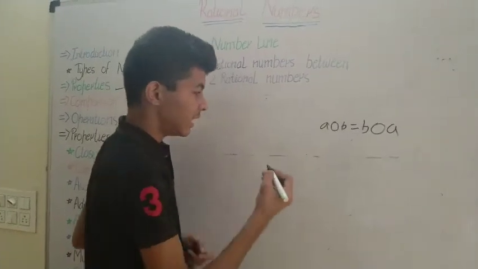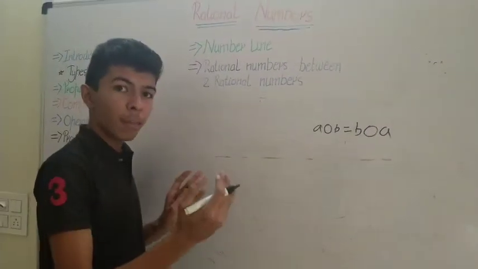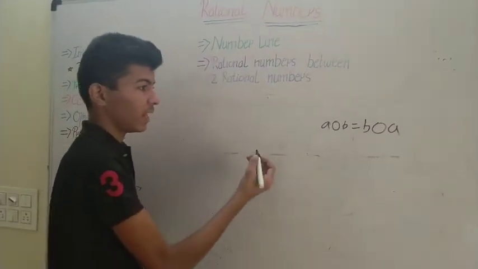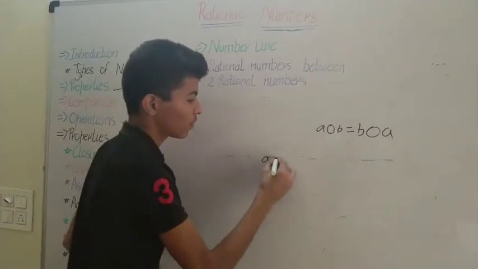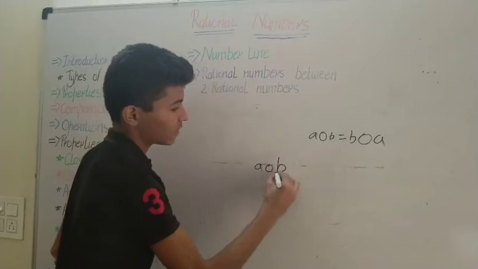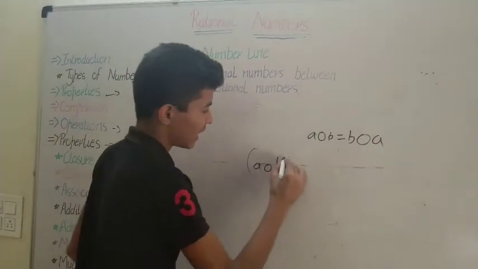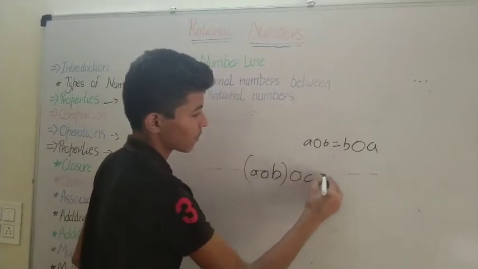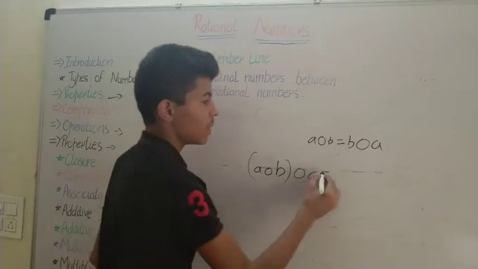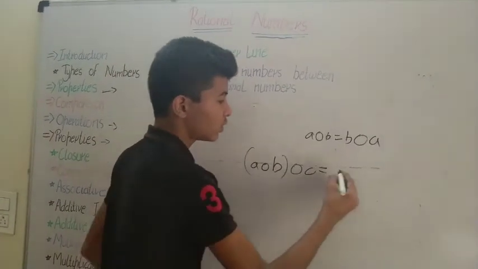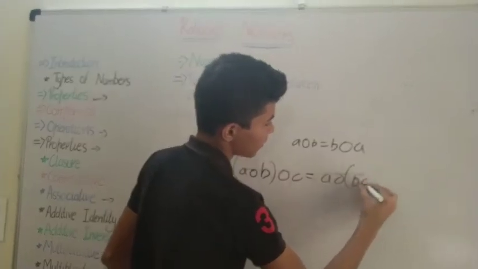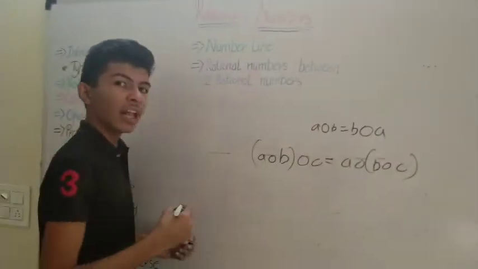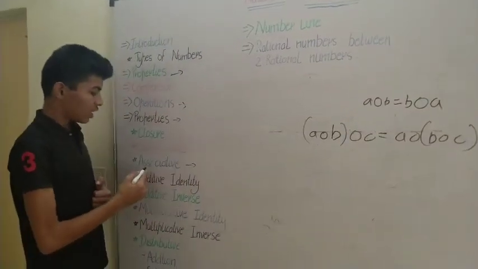The associative property states that you can move the brackets. In this we usually include three numbers: a, any symbol, b, then any symbol, c, in brackets, and it would be equal to a symbol, b symbol c. If they are equal, then the number is associative.